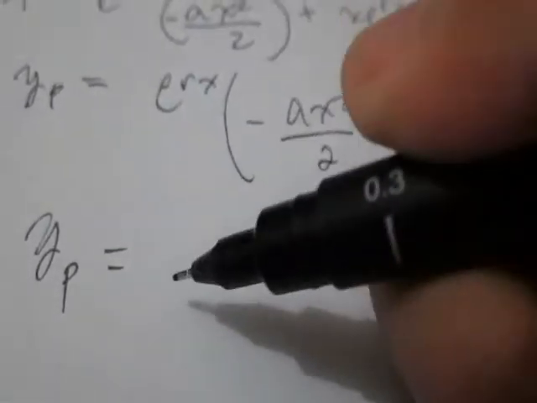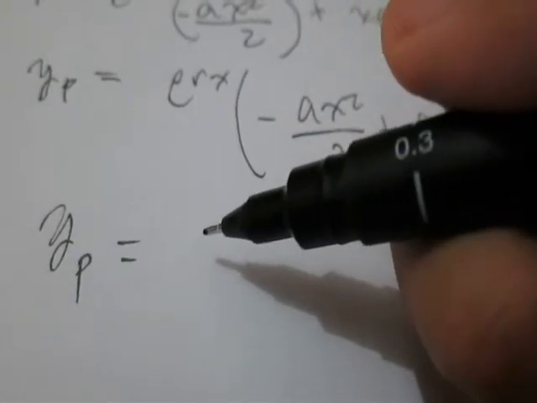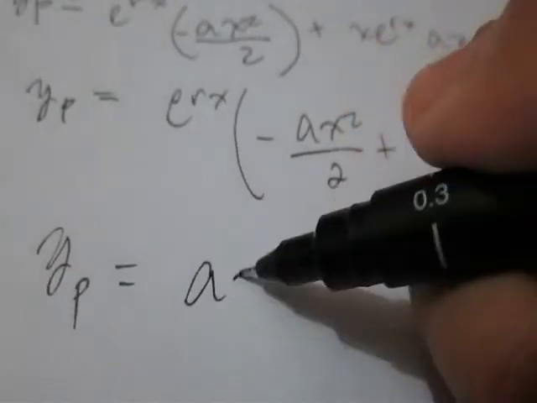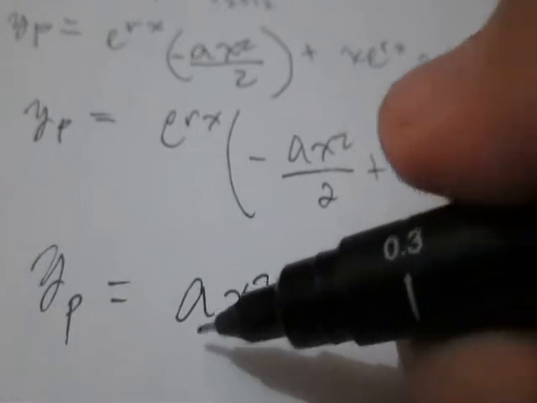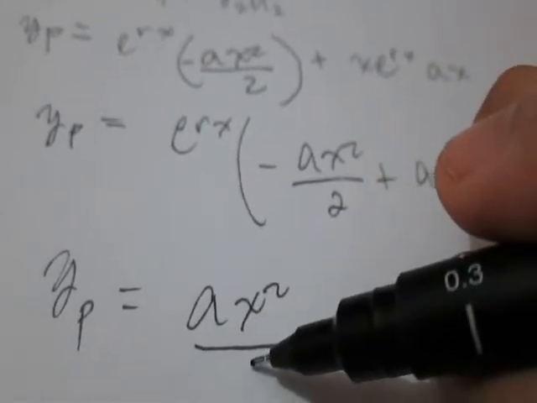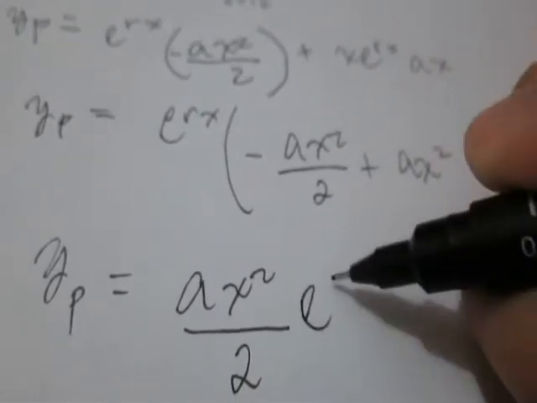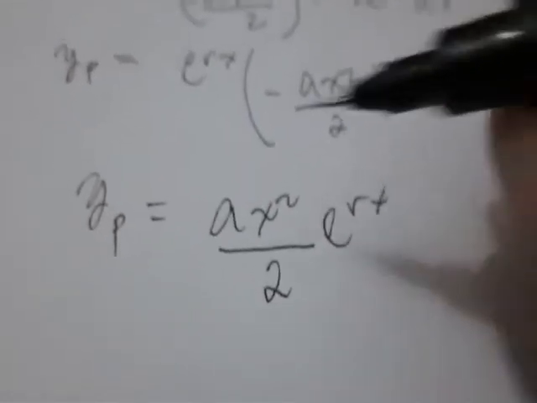And what we get here, we have yp is equal to ax squared over 2 times e to the power of rx.